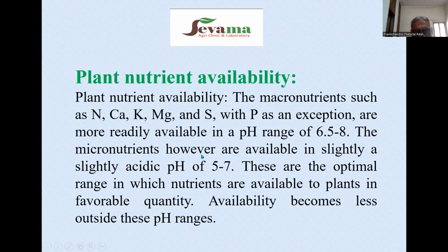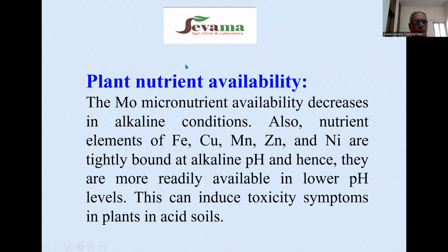The micronutrients, however, are available in slightly acidic pH of 5 to 7, as I told. These are the optimal ranges in which nutrients are available to the plant in favorable quantity. Availability becomes less outside these pH ranges. Molybdenum availability decreases in alkaline conditions.